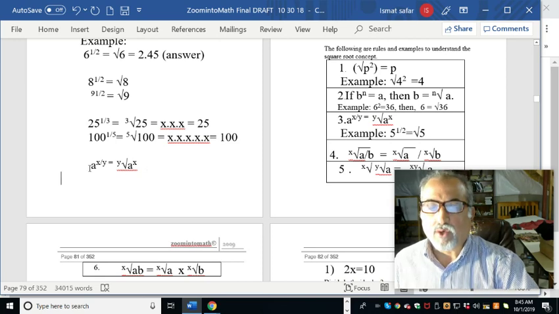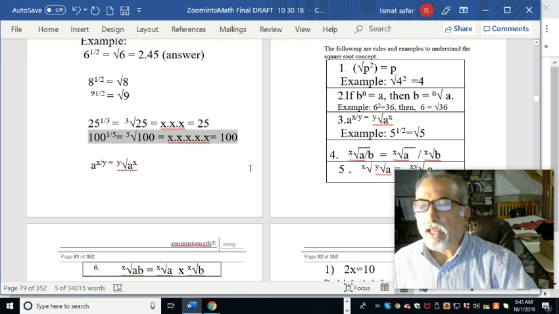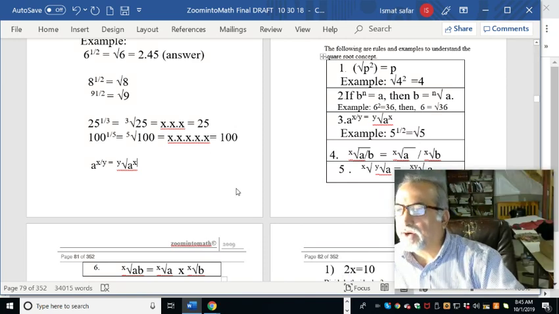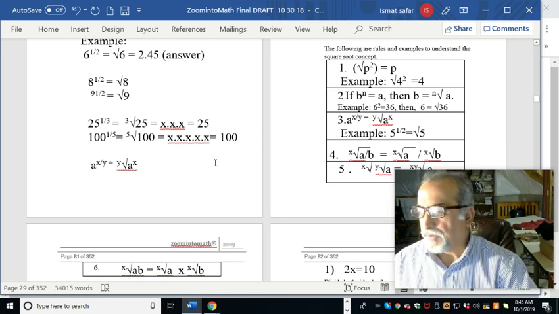So that is the rule here. We're talking about the same one here, and that is an important rule of square roots. That is the first lesson of this square root set of videos.